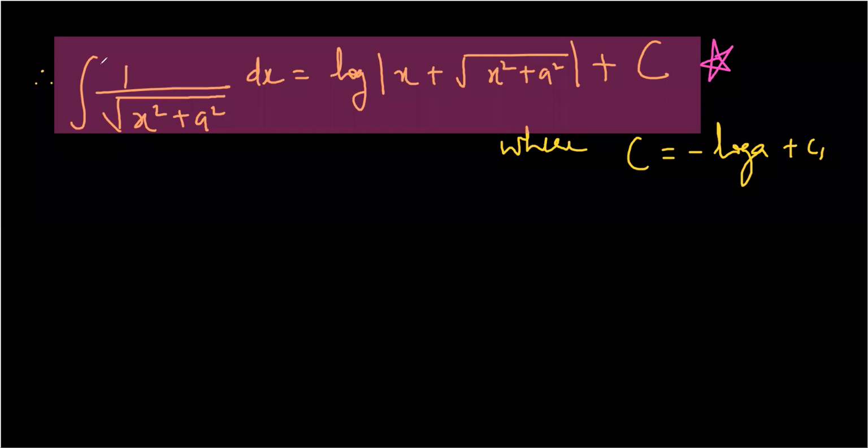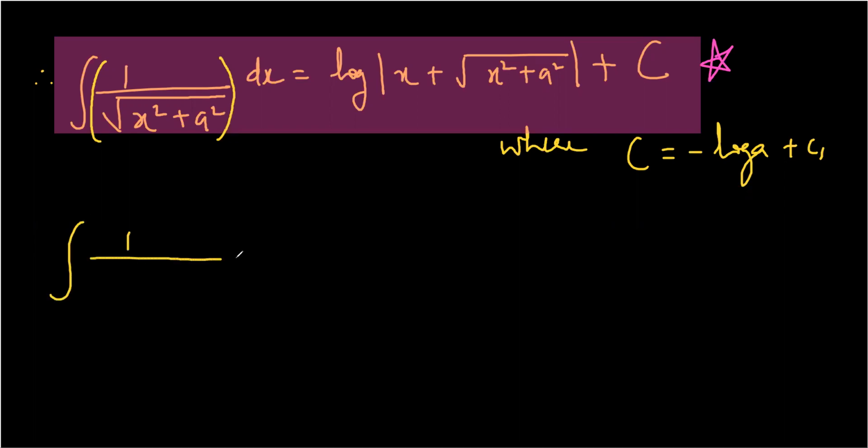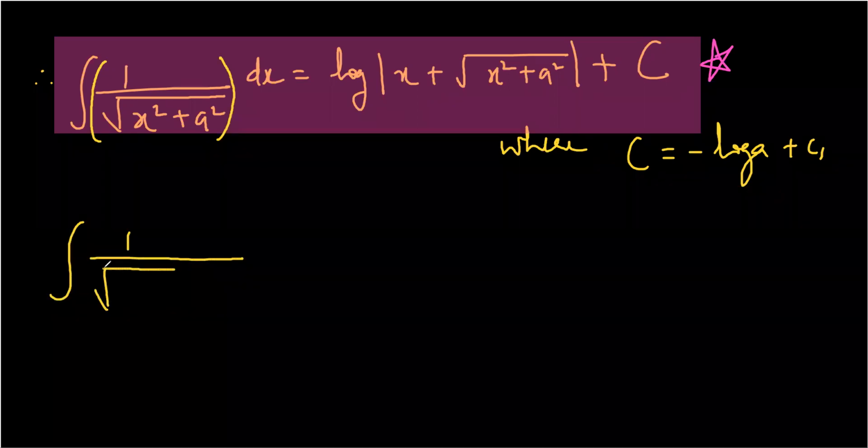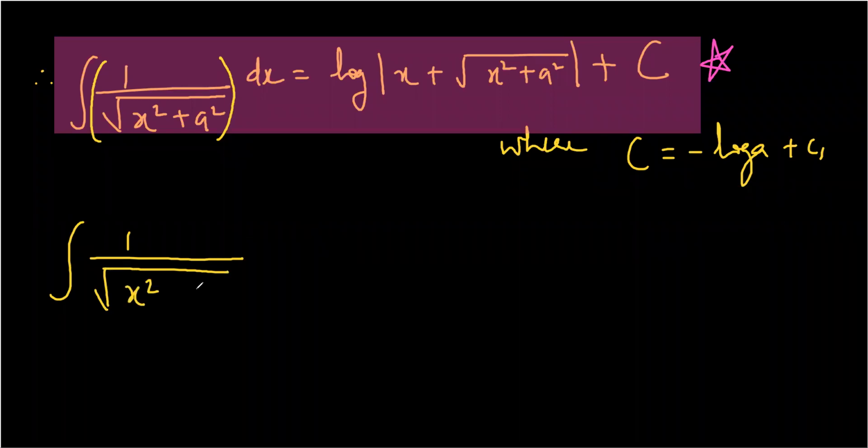Thank you. So after doing 1 over square root of x square plus a square, next we are going to do 1 over square root of x square minus a square dx.